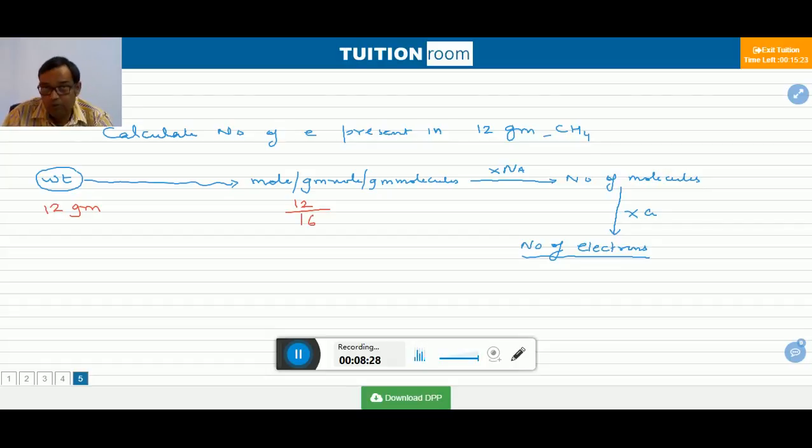Carbon 12 and hydrogen 1, and there are 4 hydrogens. Now this is 12 upon 16 into Avogadro number. This is the number of molecules. And you know that we have the molecule CH4.